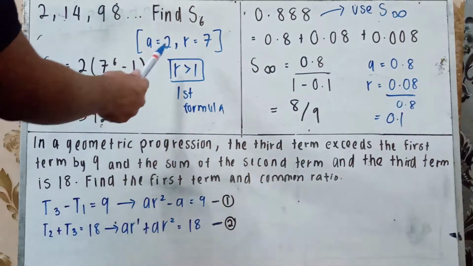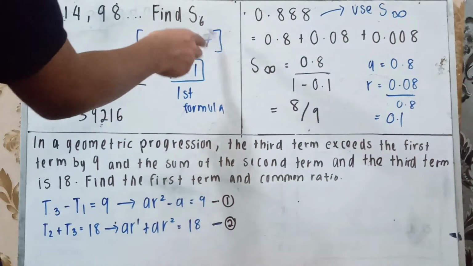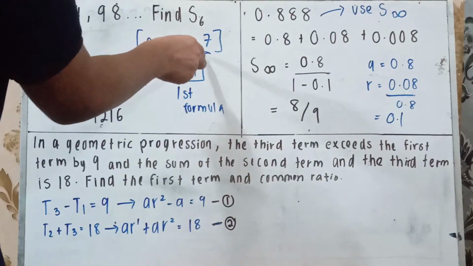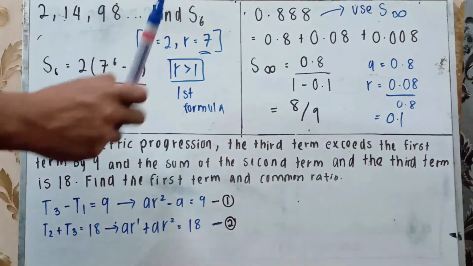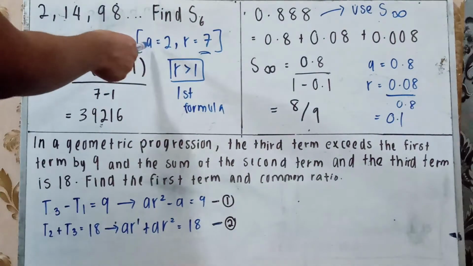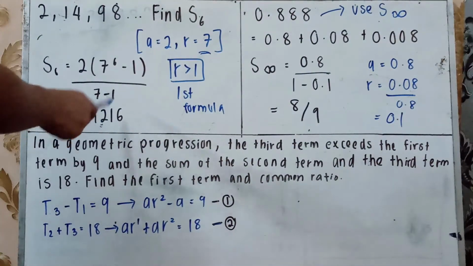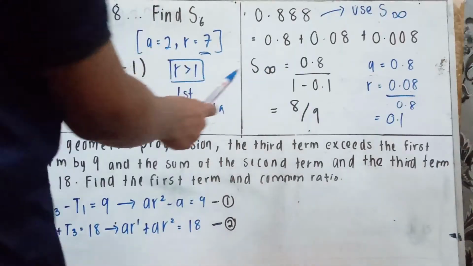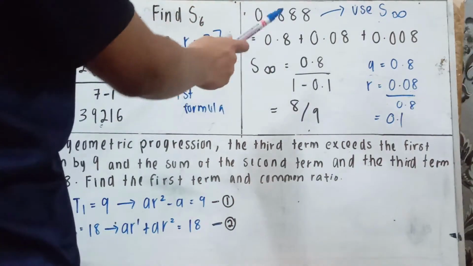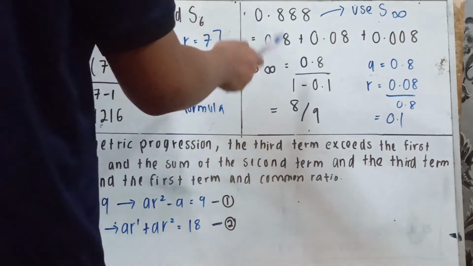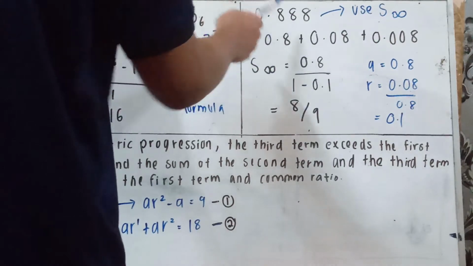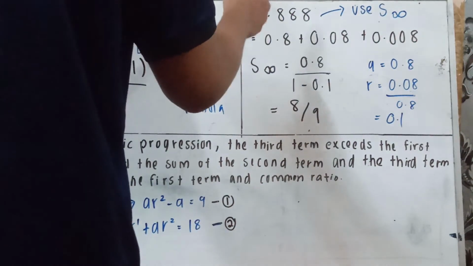In this question, we can see that the R value is more than 1, so we use the first formula. Substitute the terms into the formula and you will get 39216.